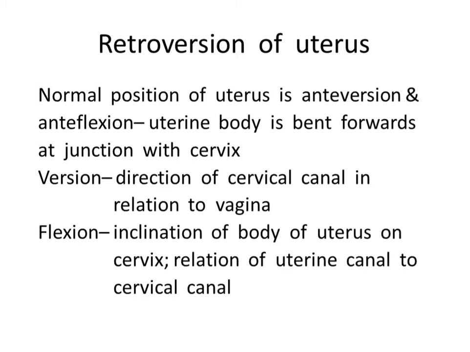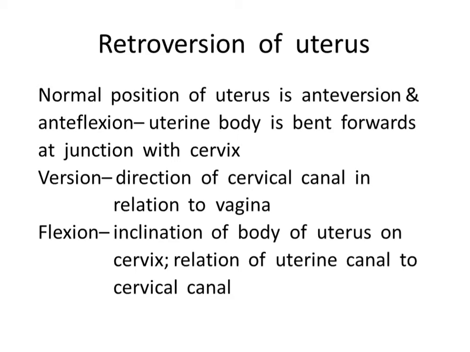This is at the junction of the body of the uterus and the cervix. So it is the relationship between the direction of the uterine canal and the direction of the cervical canal. That is flexion. So flexion is at the level of the junction of the uterus and the cervix. Version is the relationship between the cervical canal and the vaginal direction.